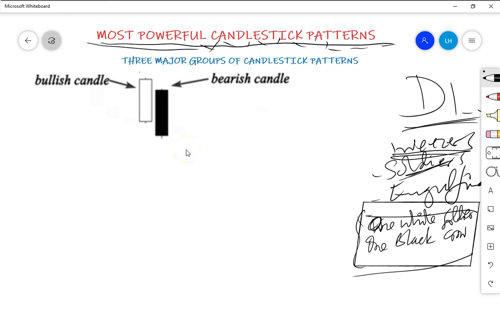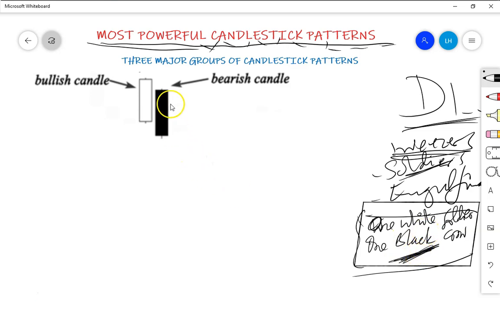As usual, this must occur at a short-term uptrend of a long-term downtrend. I'm sure you are aware of that. So that is all about the black crow.